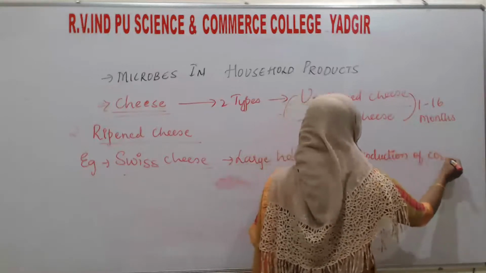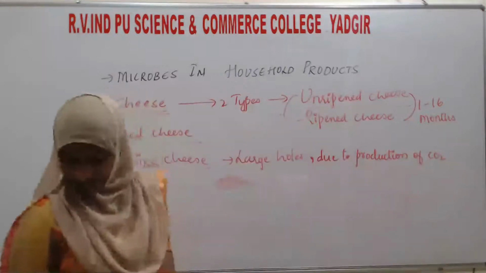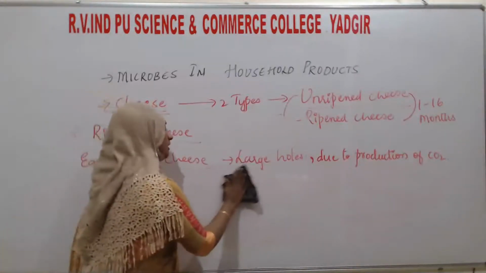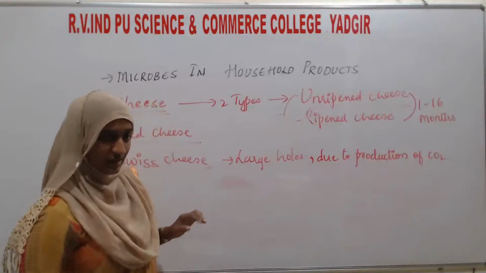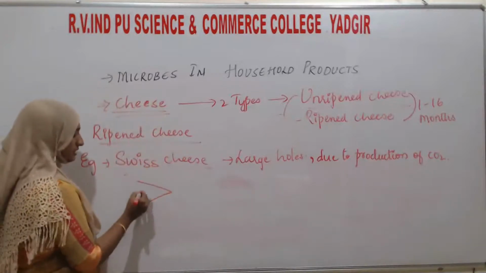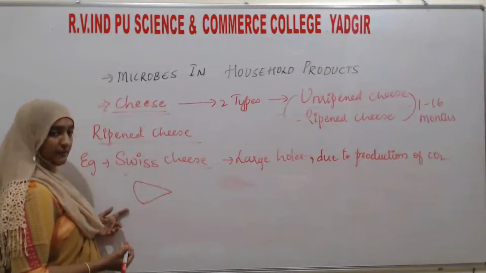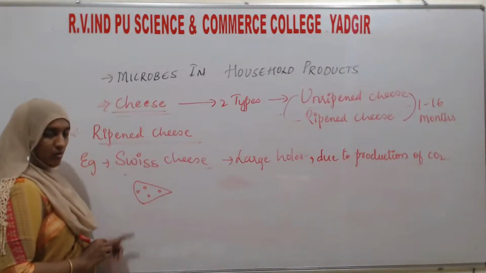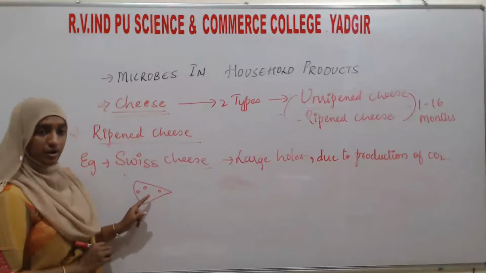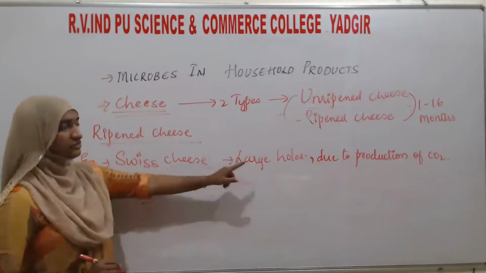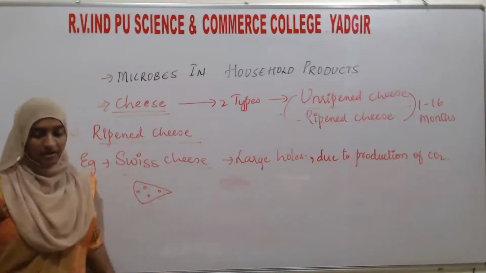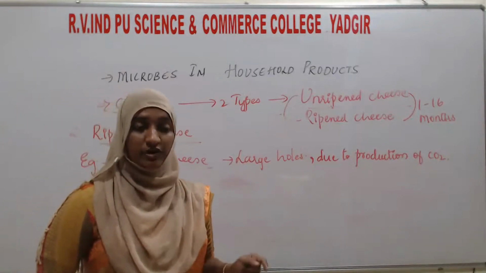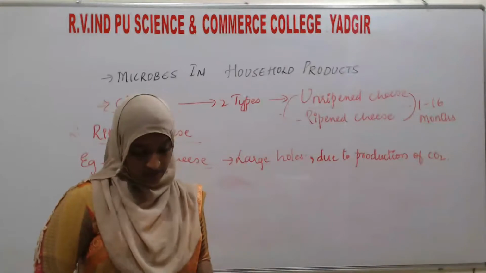carbon dioxide. Carbon dioxide is produced in that cheese. For example, here is a piece of cheese, and you can see certain holes in it. Why are these holes formed? That is due to the production of carbon dioxide. What is the bacterium responsible for the production of carbon dioxide?